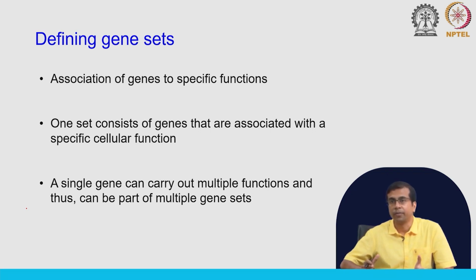Genes are pleiotropic, they often have multiple functions and thus they can be part of multiple gene sets. So, it is not necessary that all gene sets are unique; there can be overlap between gene sets. A gene that is involved in, let us say, salt stress response, responding to high salt concentration or high osmotic stress, can also respond to oxidative stress. So, many genes have multiple functions and they can be present in different gene sets.